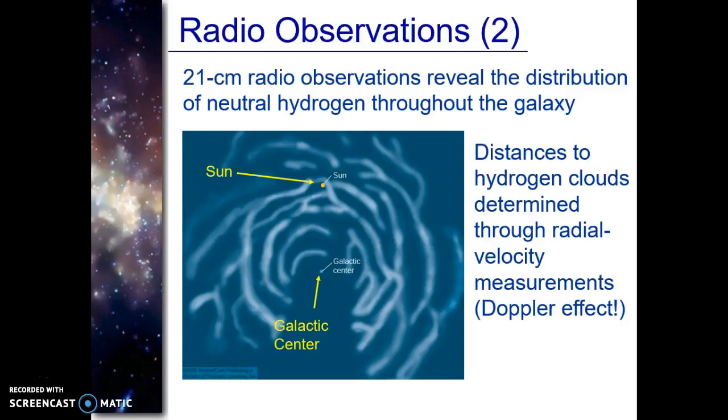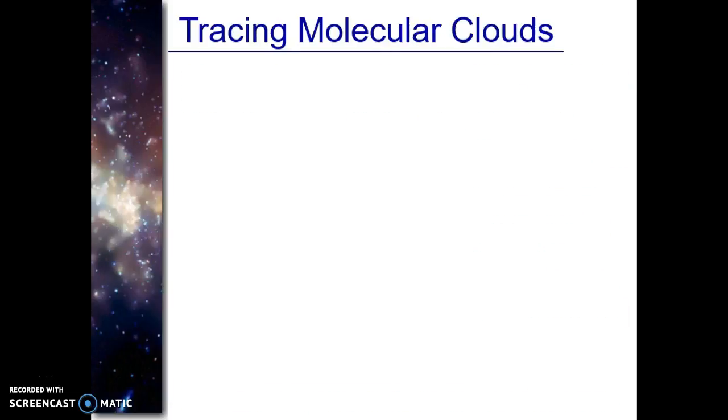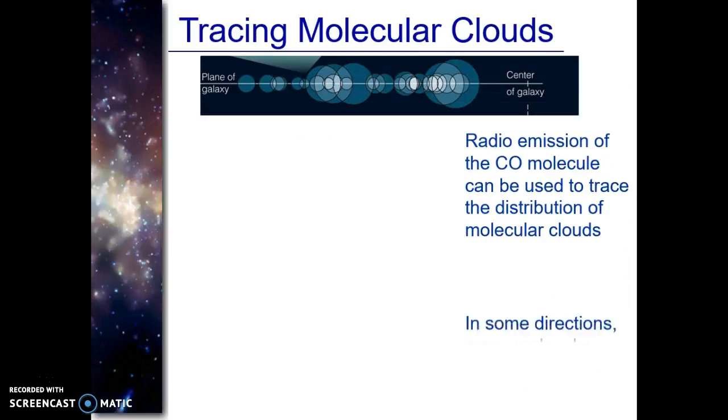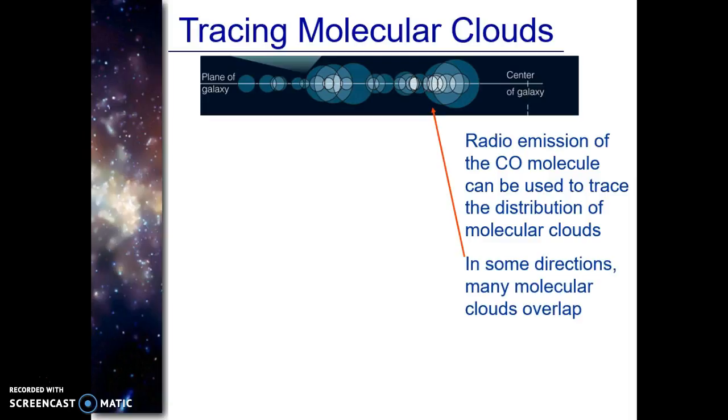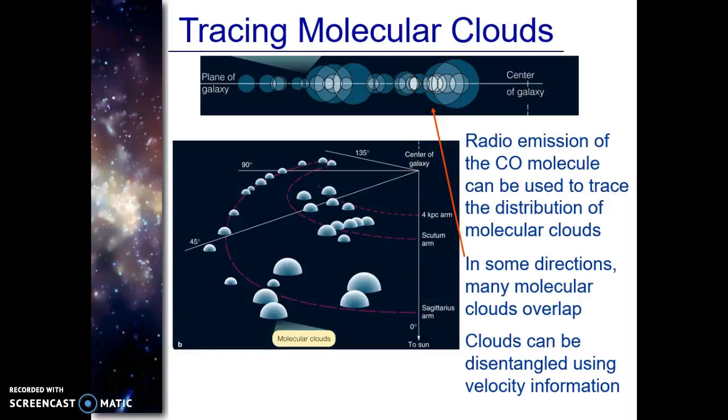Next one. Neutral hydrogen is concentrated in the spiral arms of the galaxy. So, tracing these molecular clouds: radio emission of the CO, or carbon monoxide molecule, is how you can find the molecular clouds. In some directions, many of the molecular clouds are going to overlap, and the clouds can actually be disentangled using that velocity information.